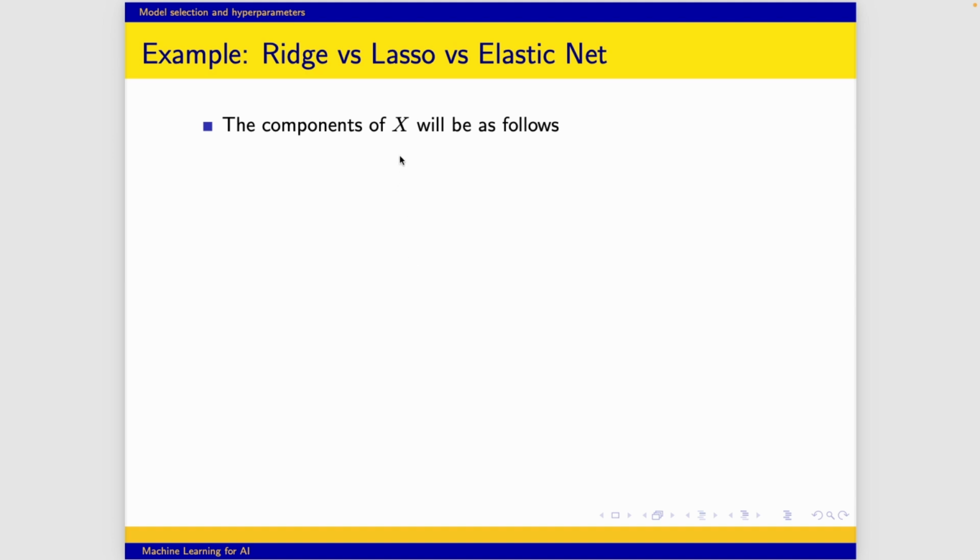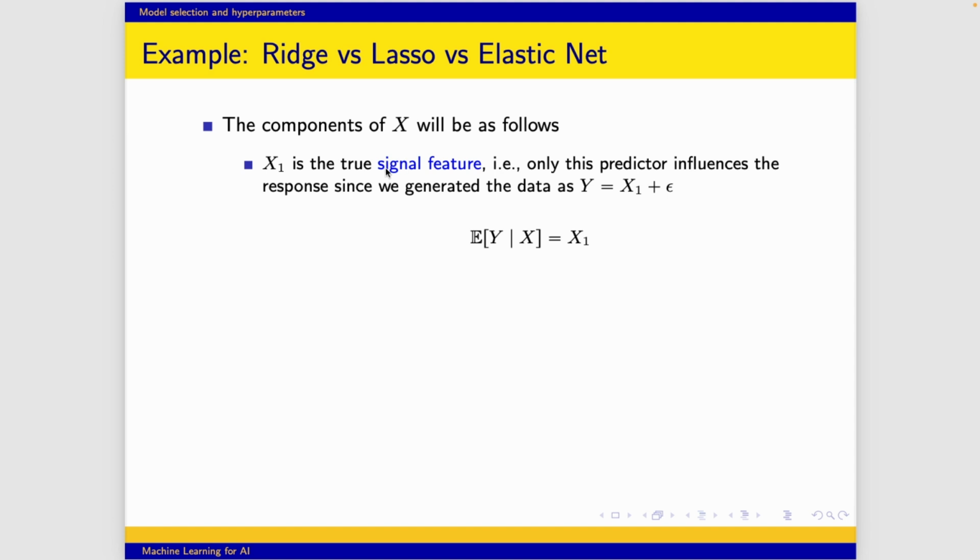The components of X are going to be as follows. The first component of X, as I've already defined, is going to be X1. This is what we can call our true signal feature. It's the one that influences the output, and it's the only one that influences the output because we generated our data like this, right?